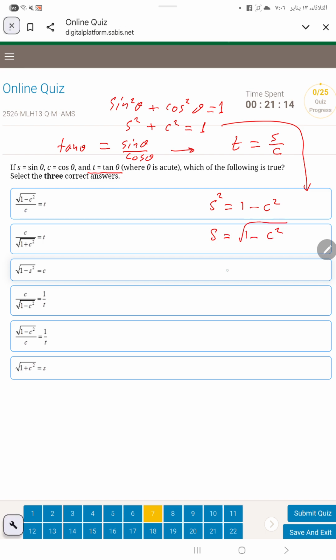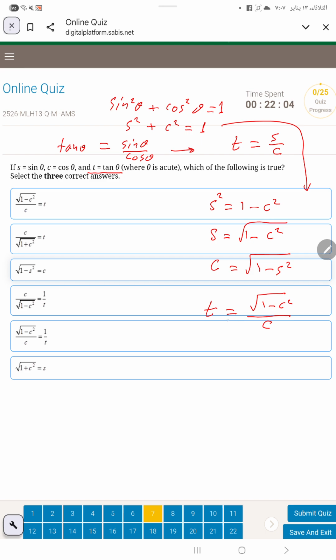By the same logic, you can say C is equal to the square root of 1 minus S squared. And since T is equal to S over C, T also can be the square root of 1 minus C squared, over C, like this. Like this, we solved the question.